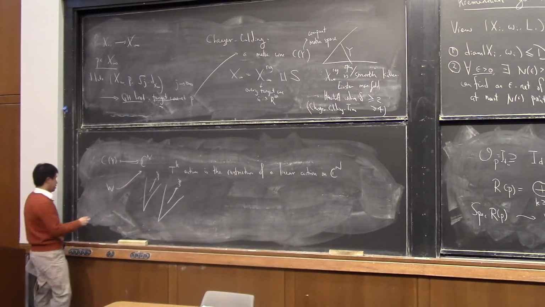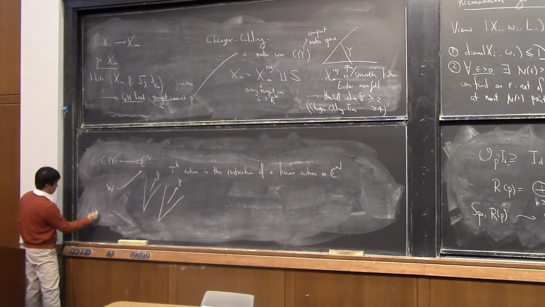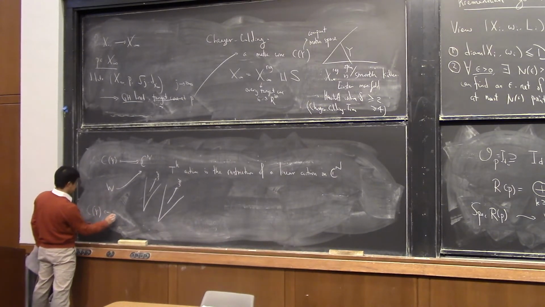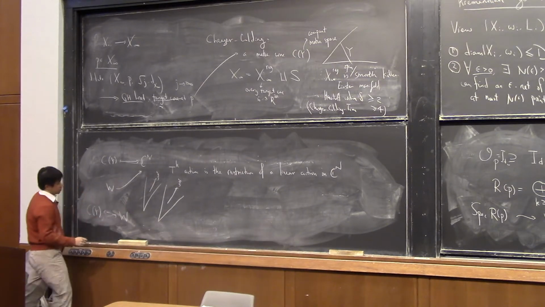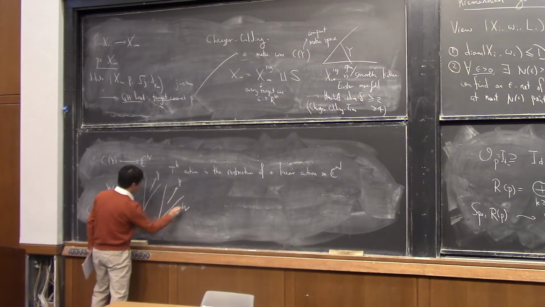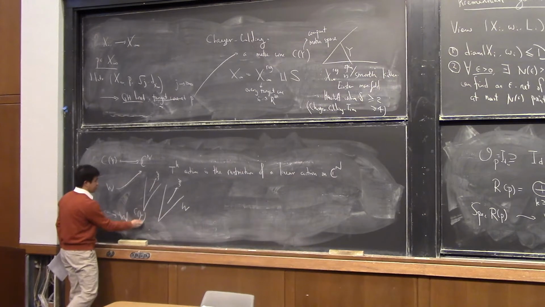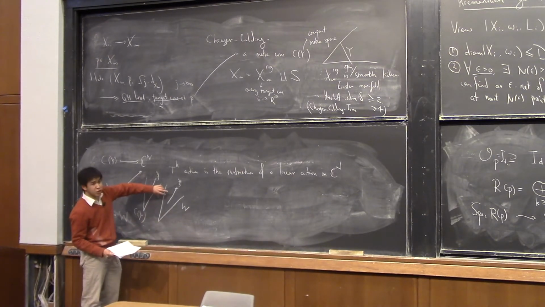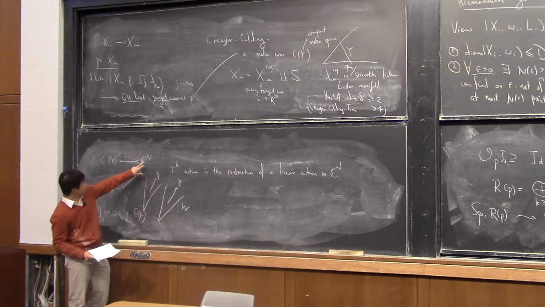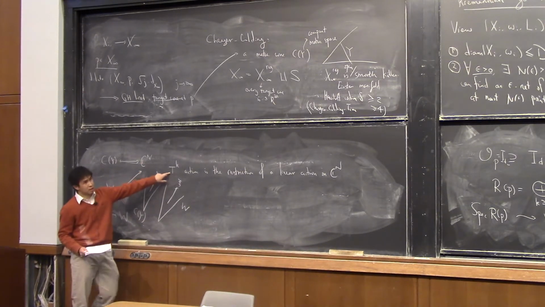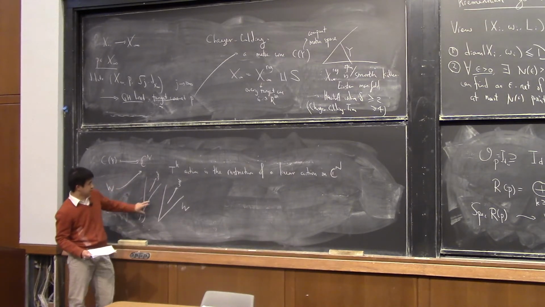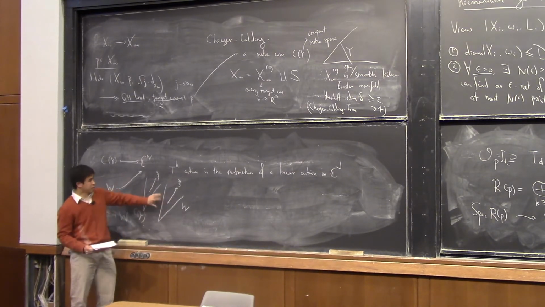And our relation between C_Y and W: I won't write down the statement, but there's a C-star action on C^N which commutes with T^k, so that C_Y is a flat limit of W under the C-star action.